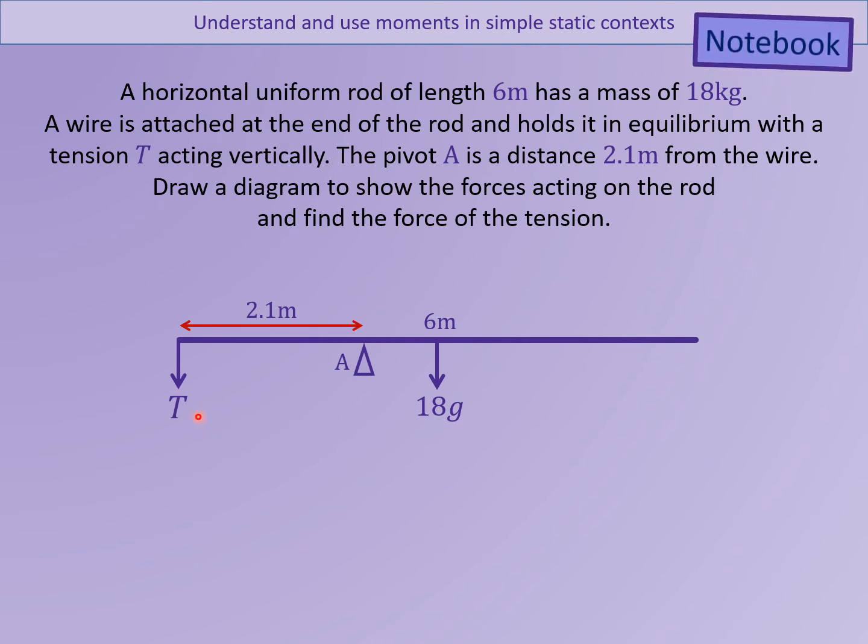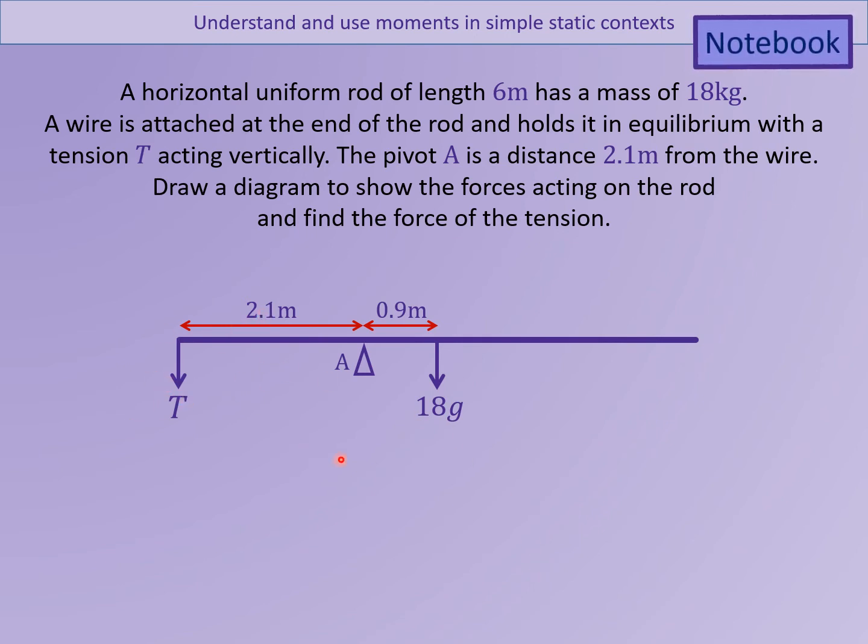So what have I got then? I've got the tension pulling there, and I've got the weight pulling there. If I work out the distance from the pivot to that point first of all, I know the whole lot is 3 meters, so I am dealing with a distance of 0.9. So I've got those two bits of information, and now I'm sorted, aren't I?